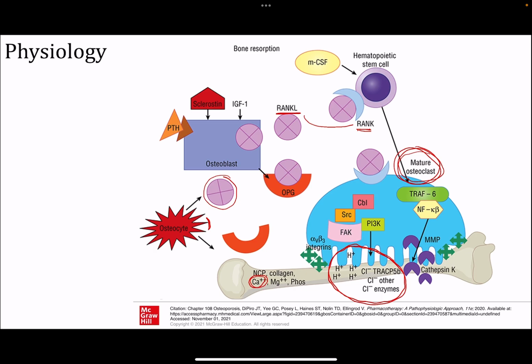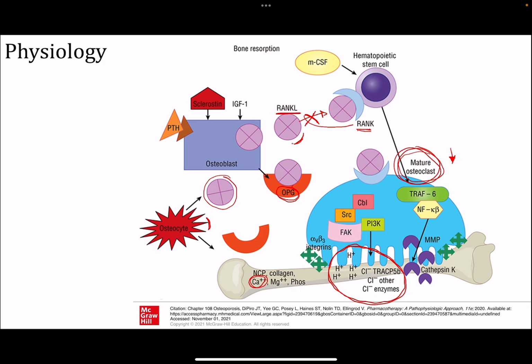So at this time, osteocytes and osteoclasts are going to release a signal to alert the osteoblast and also prevent any more degradation. So one of those alerts or signals is going to be OPG, or osteoprotegerin, and this binds to any RANK ligands out there, so that we can stop it from binding, and then ultimately there is less osteoclast activity, so that the osteoblast can continue to build bone.